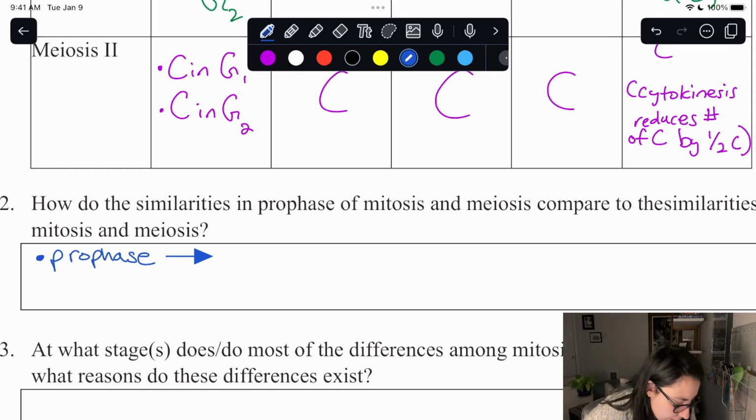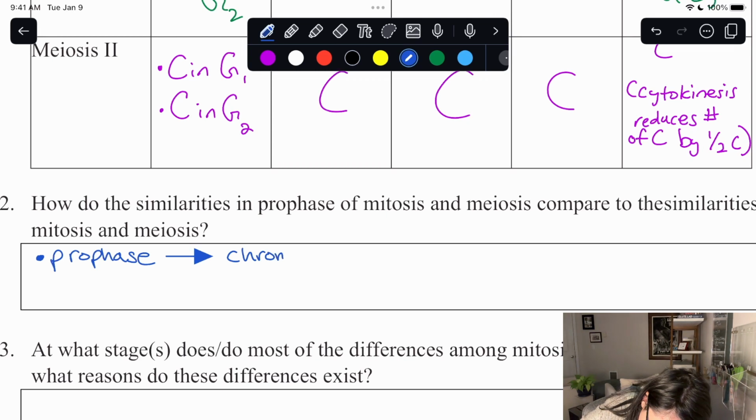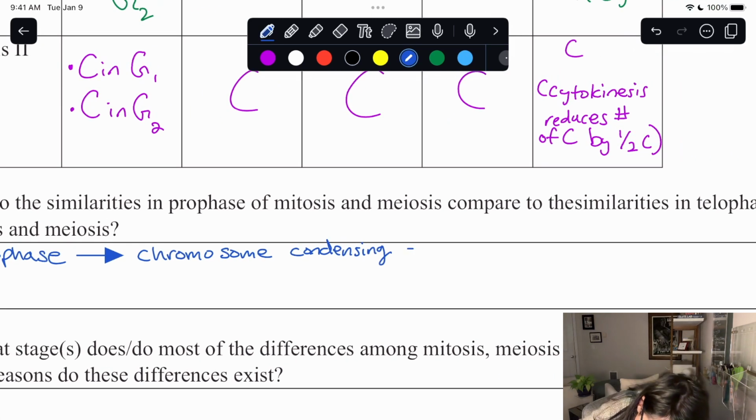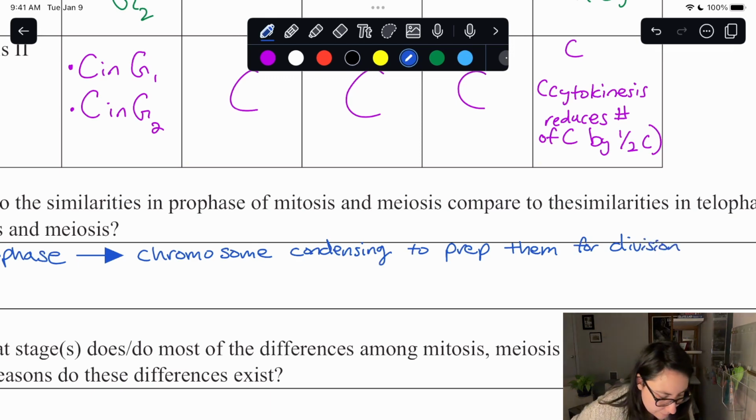And then I'm going to explain it here. This is about chromosomes condensing, to prep them for division. Perfect.